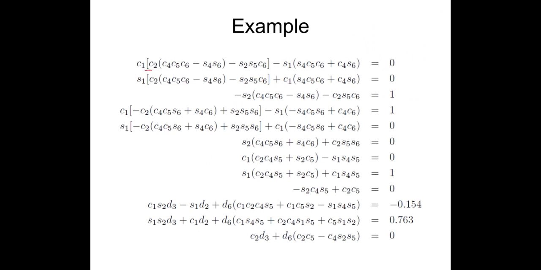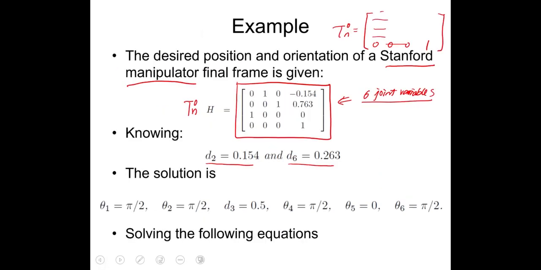We have solved these terms, which are R11, R12, and R13, and each of these terms is written by the joint variables. So now the question becomes pretty simple. This is the position and orientation we want to achieve.